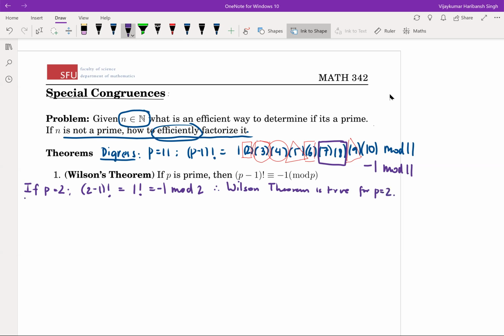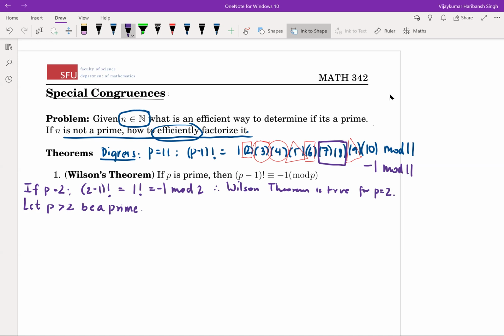Now let p be a prime greater than 2. Then, as we saw here, 3 had an inverse modulo 11, which was 4, and it was between 1 and 10.